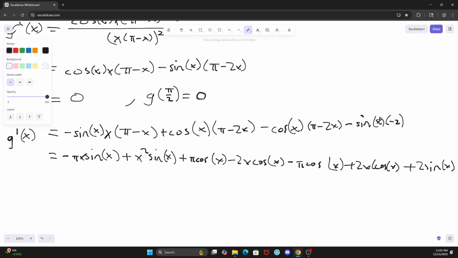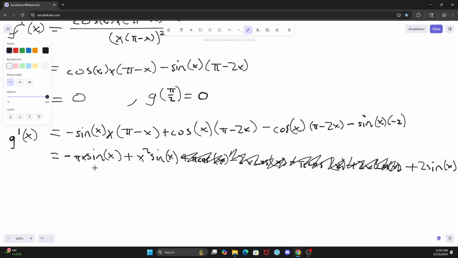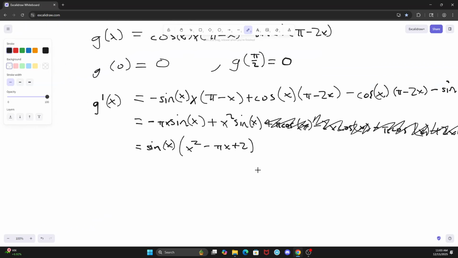And we do see that some terms cancel out. We have a positive pi cosine x here and a negative pi cosine x here. We have a negative 2x cosine x here and a positive 2x cosine x here. So we're really just left with sine of x times x squared minus pi x plus 2. And okay, so that simplified pretty nicely.